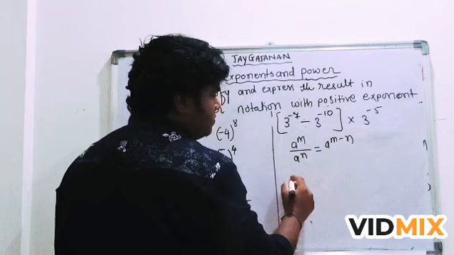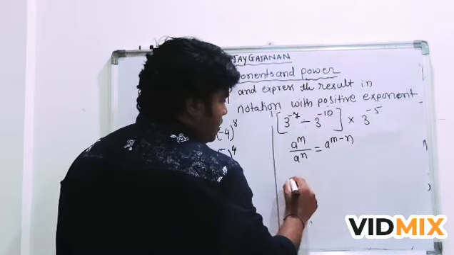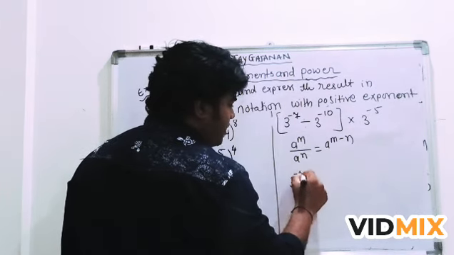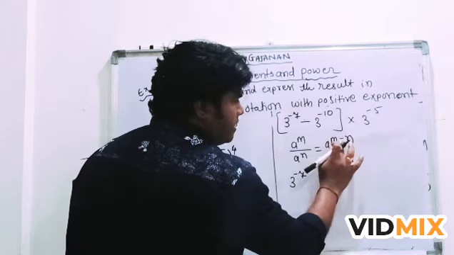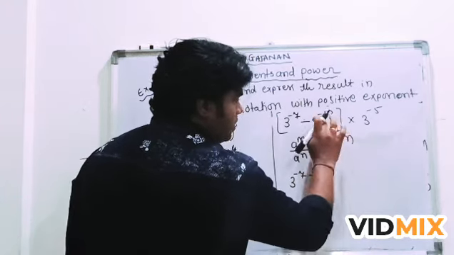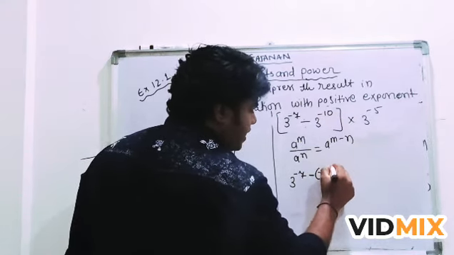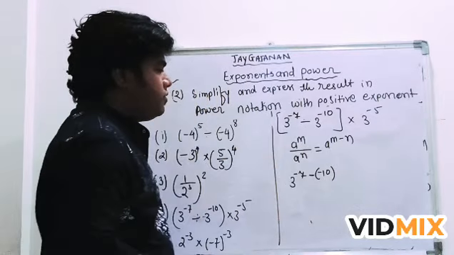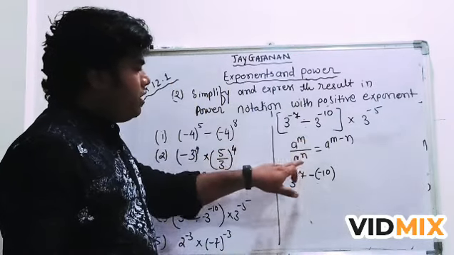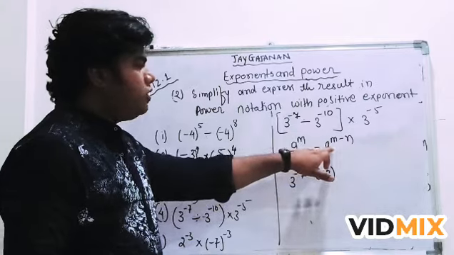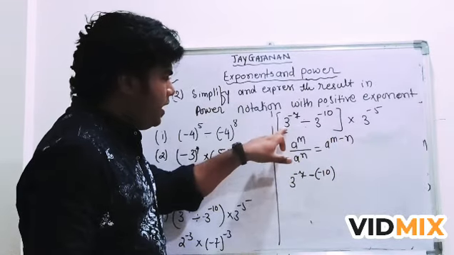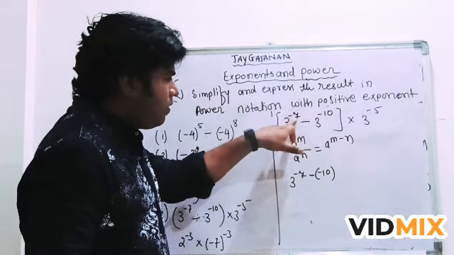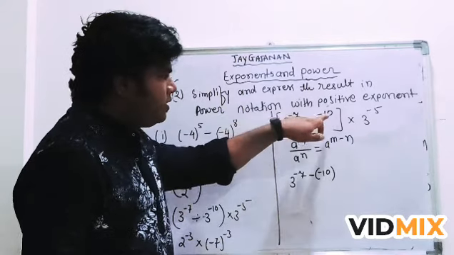So 3 to the power minus 7 minus minus 10, we will write this. See, there should not be any confusion. a to the power m upon a to the power n is equal to a to the power m minus n. Here a is 3, m is minus 7, n is minus 10.